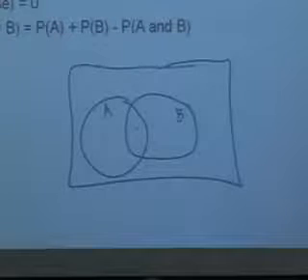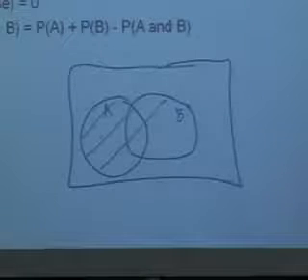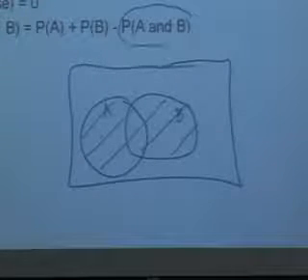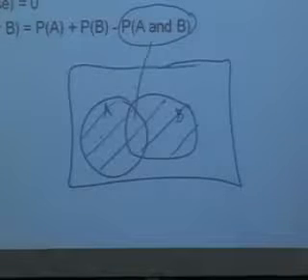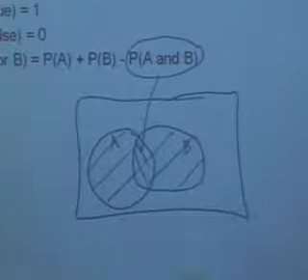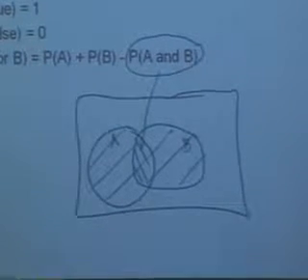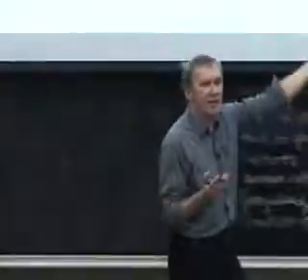And what is the probability of A or B? The probability of A or B is all this stuff. Right? And what's the probability of A and B? That's this part. So this makes perfect sense, right?